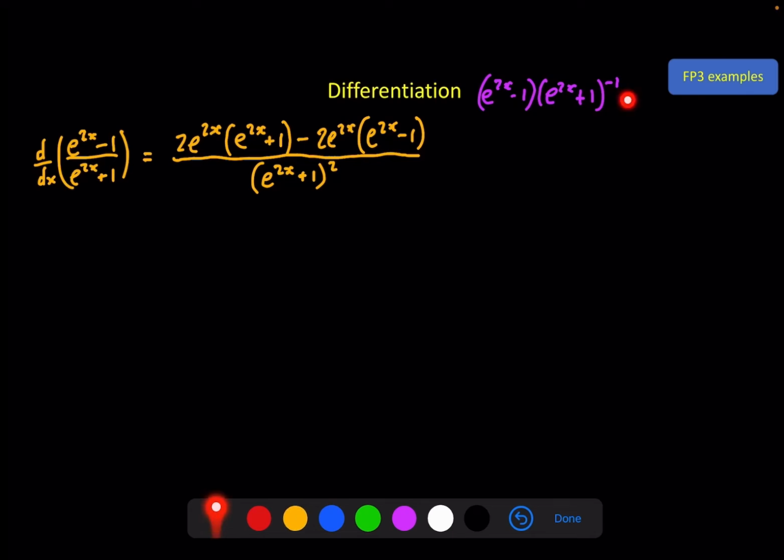And if you choose to do the product rule, by the time you've differentiated, turned it back into fractions, and then combined those 2 fractions together, you'll get to this stage here.